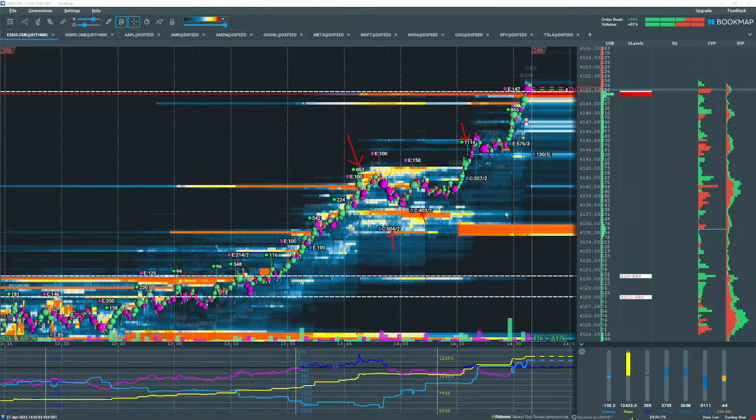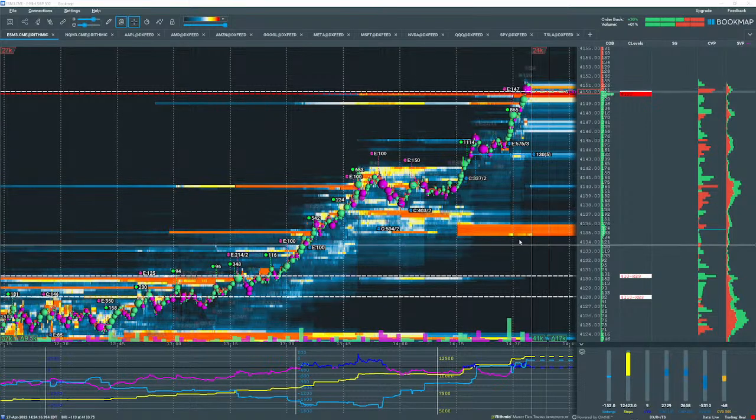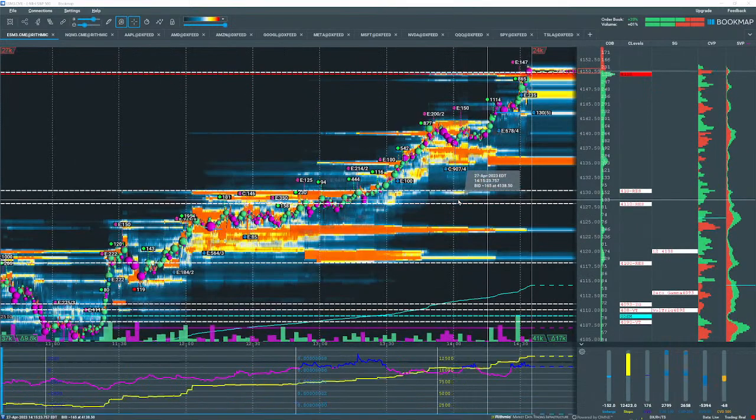Price is up to the 41.50 level. Very strong uptrend today. So anything is possible, but it doesn't look likely right now. Again, anything is possible. Traders may take profits at the end of the day.